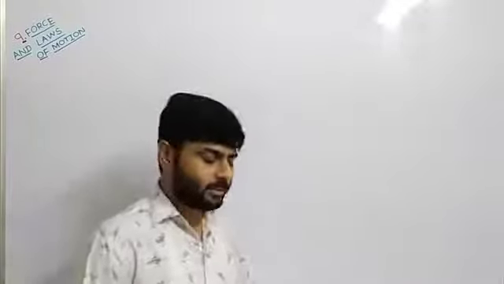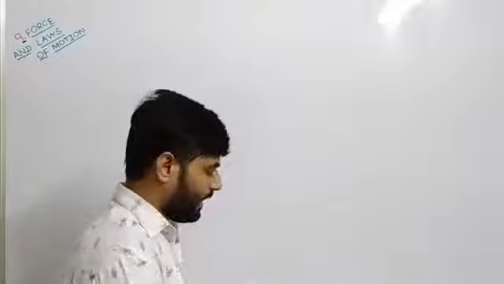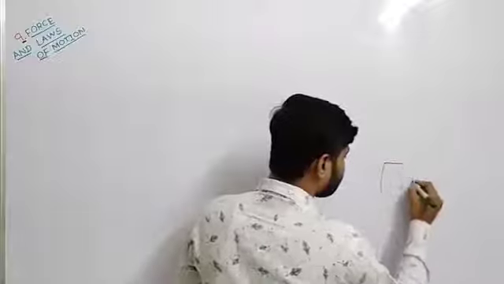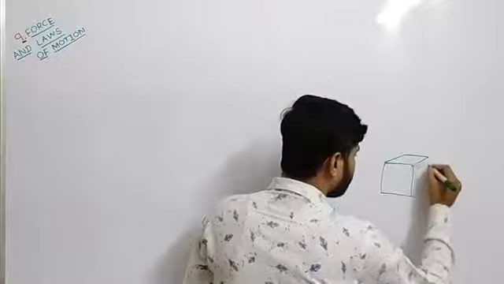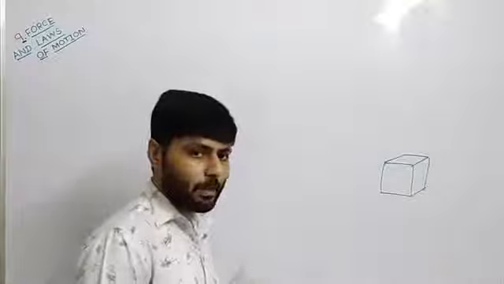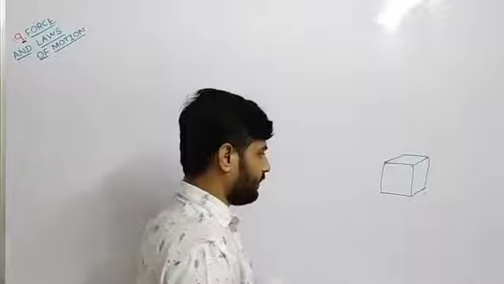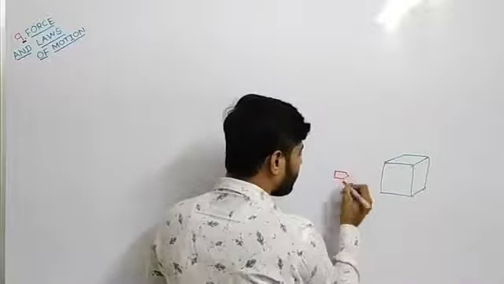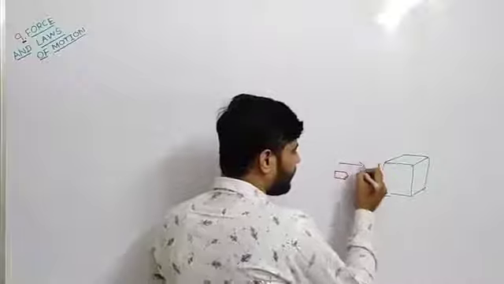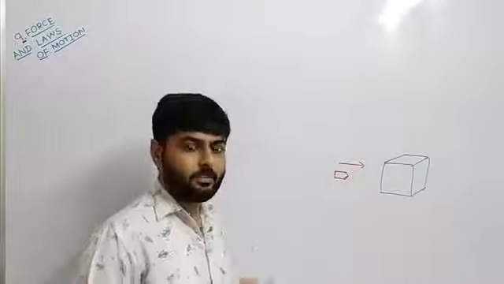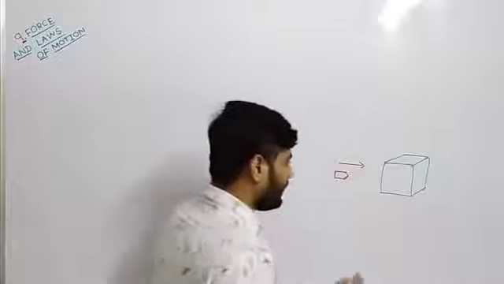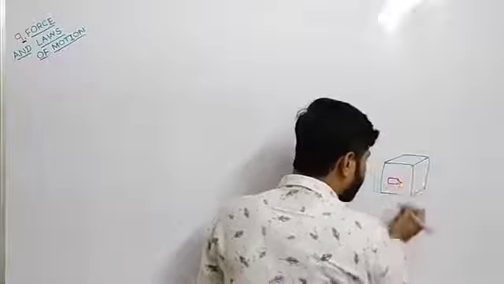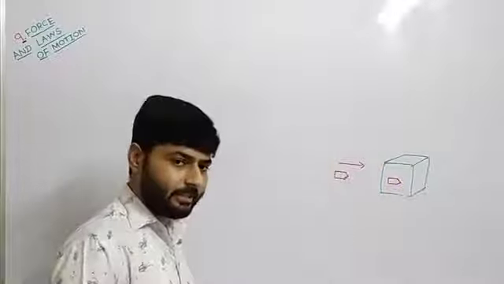Okay, let's understand the data first. We have one wooden block like this, and there is one bullet fired on this wooden block. This bullet traveled with velocity 150 meter per second and it will hit this block and obviously it will penetrate into it.